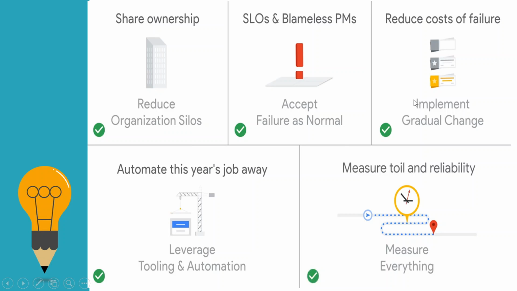Then we need to take some measures, like stopping deployments or identifying what happened in our project. Automate: what things can be automated and what things cannot be automated. Measuring toil and reliability: toil means manual work, and we also need to improve our reliability and measure everything.